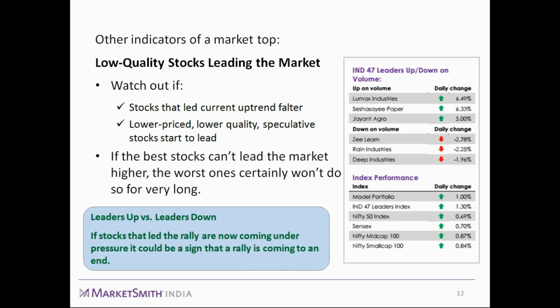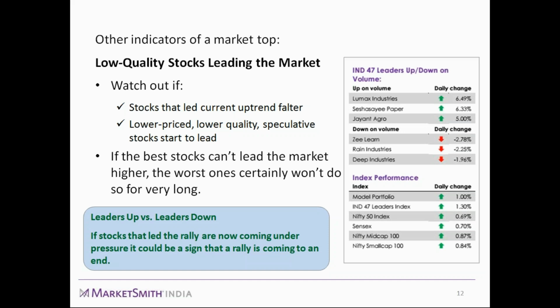So these people are now coming into the market at a late stage of the rally, which is what is driving the lower priced or low quality stocks on the way up now. And what happens is that the moment some weakness starts coming into the market, these players who do not have too much stake in the stock and who do not have too much conviction will start selling off.